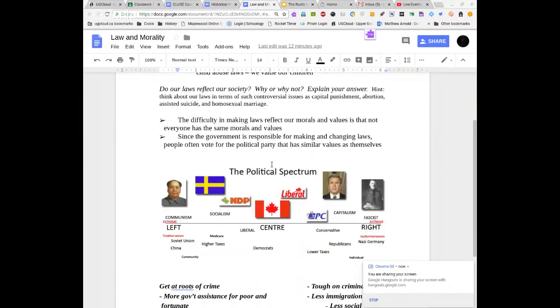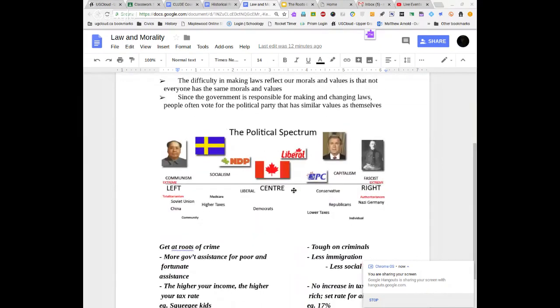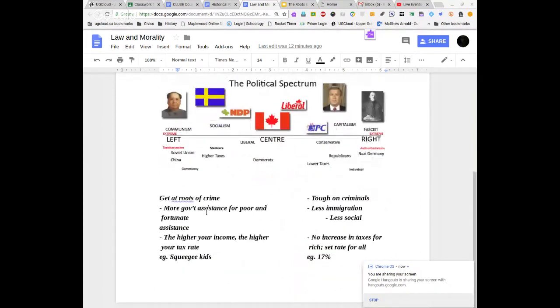You can see here that there is a political spectrum and the effects that it has, and then some cause and effect relationships of the different changes in law. For instance, if there is more government assistance for the poor and unfortunate, that might turn into less crime going on.